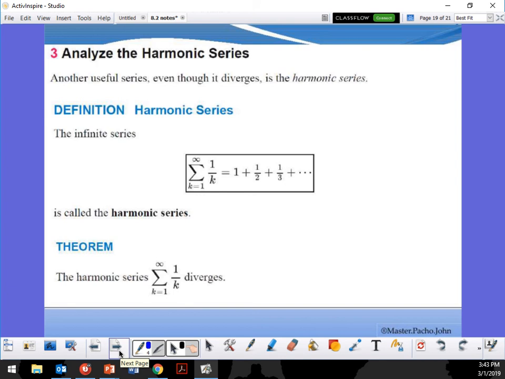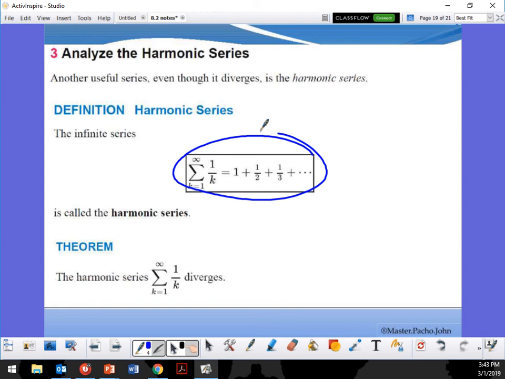All right, so another useful series, even though it diverges, is the harmonic series. In this one, it is going to be a harmonic of 1 over k. As it keeps going, because this right here is just 1 over k, it's going up by tiny, tiny amounts.